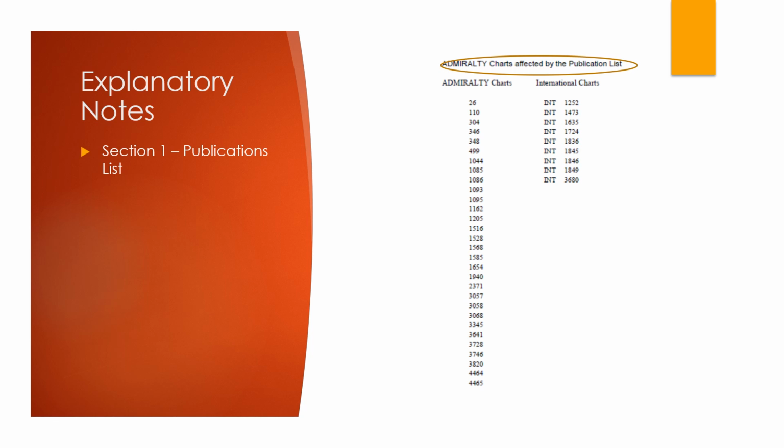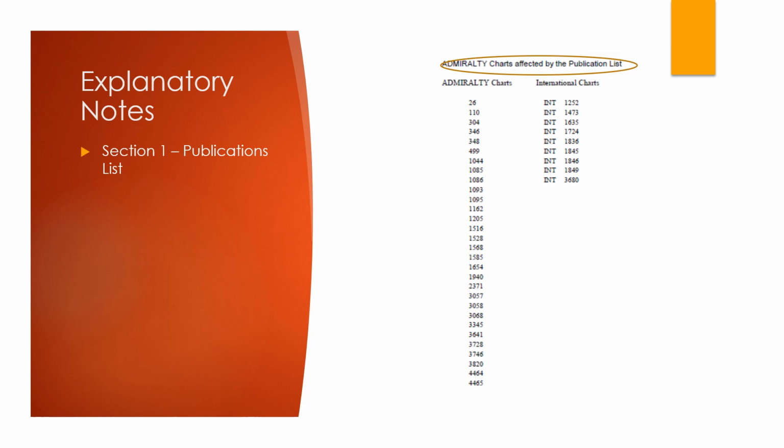There are a number of standard lists which contain details and announcements concerning charts and publications relevant for the particular weekly notice. So you can see here the charts listed which have undergone certain changes, and I'll show you the changes in my next slide.